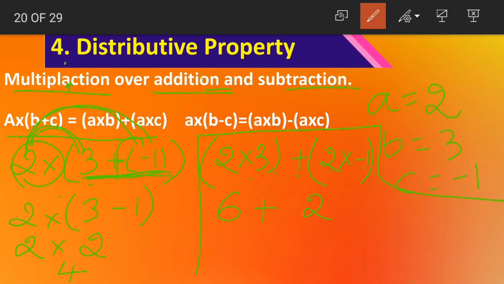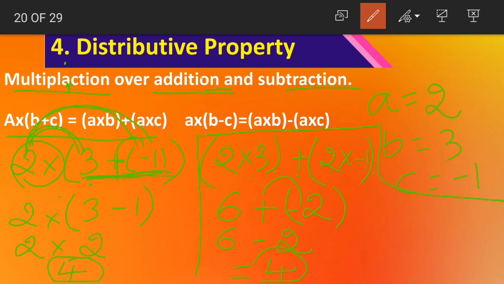Coming to the sign, plus into minus becomes minus. Then we have 2. What is 6 minus 2 equal to? 6 minus 2 is equal to 4.